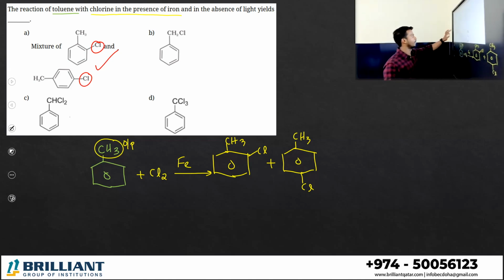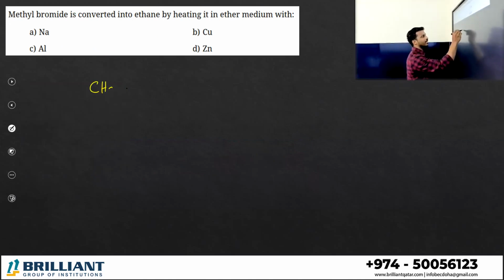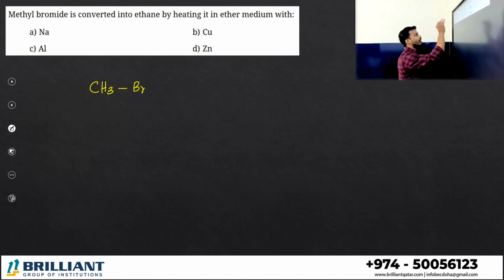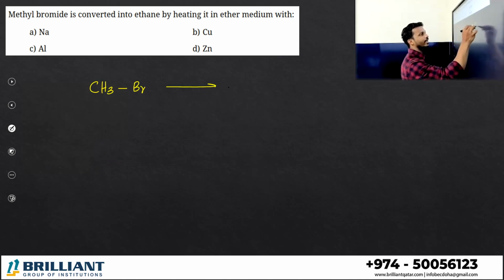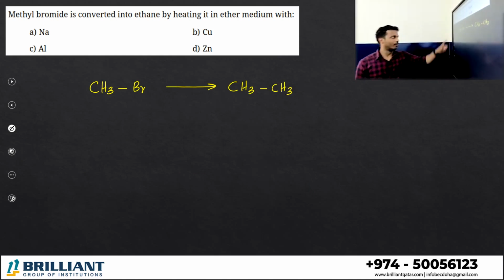Okay, very careful. Next one. Methyl bromide. Very simple question. Methyl bromide, CH3Br, converted into ethane. Bromomethane, right. Methyl bromide is treated and converted into double the carbon atoms in the parent chain, in the product.